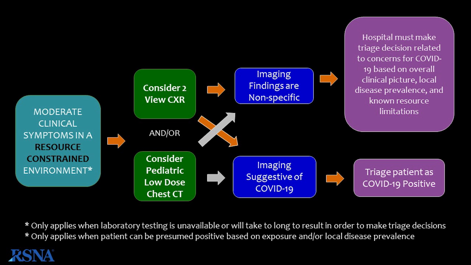In patients who have imaging findings, either CT or chest X-ray, which are suggestive of COVID-19, the patients should be triaged as if they have COVID-19 positive status. For those who have imaging findings that are nonspecific, hospitals then will have to make a triage decision based on the level of concern for COVID-19 for the overall clinical picture, the local disease prevalence, and the known resource limitations of that institution.